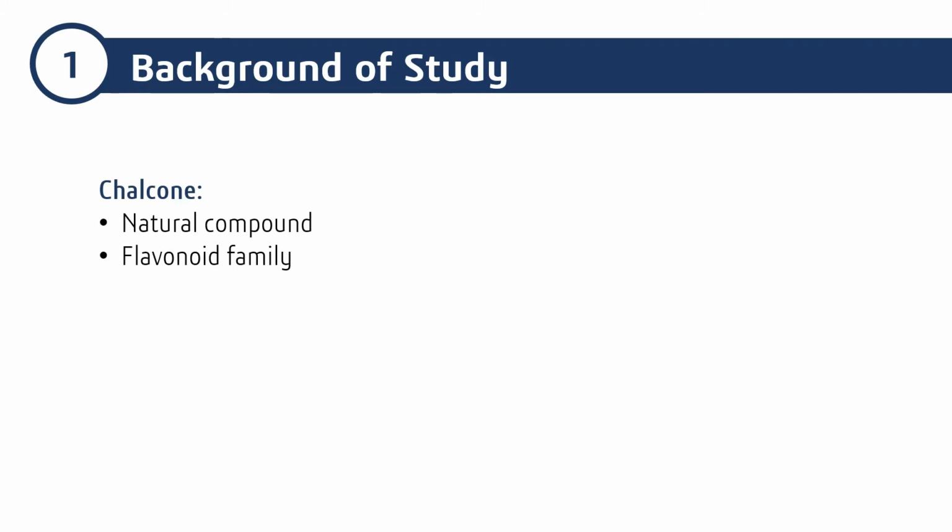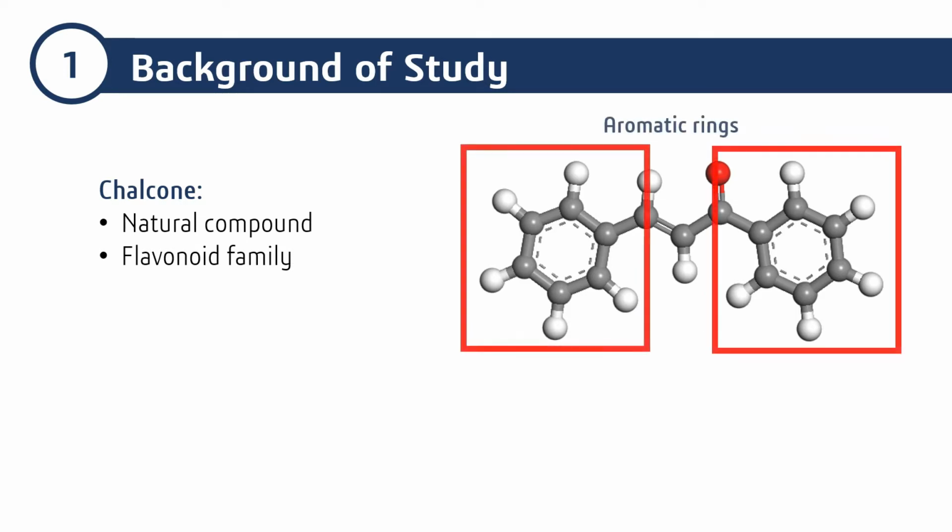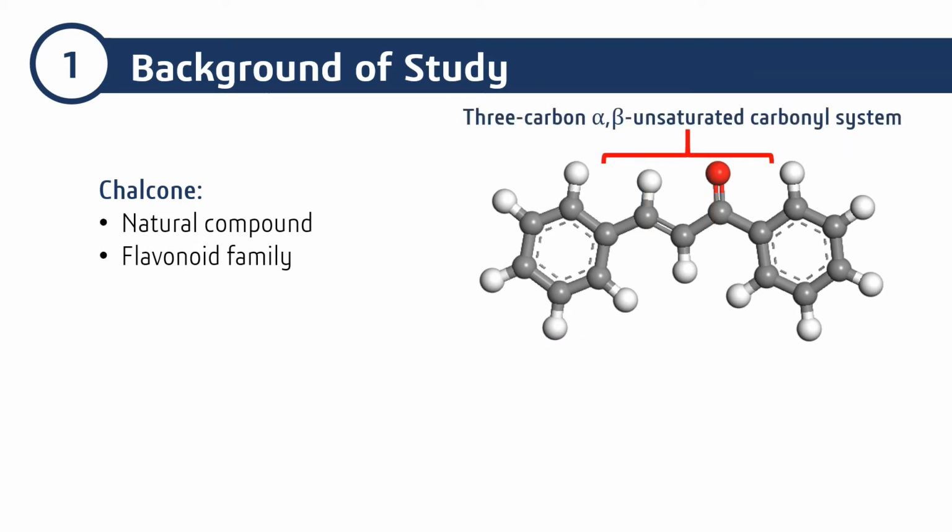Background of study. Chalcone, also known as chalconoids, are natural compounds that come from the flavonoid family. This figure shows the 3D skeletal structure of chalcone. Chemically, chalcones are made up of two aromatic rings bonded at both ends of a 3-carbon alpha-beta unsaturated carbonyl system.